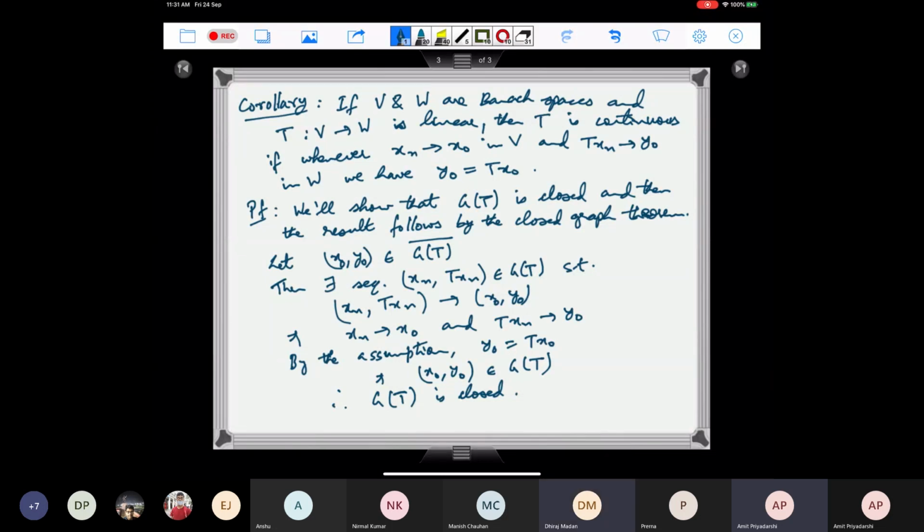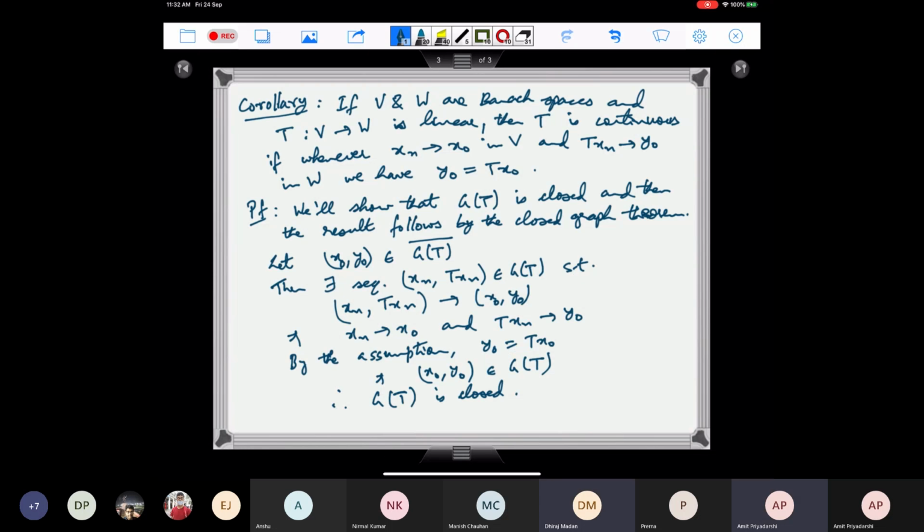But what I am saying is that if we assume that xn approaches 0 and Txn is just convergent, and then I prove that Txn converges to 0. Right, so it is a weaker condition: we are only assuming that Txn is convergent, and then showing that it converges to 0.